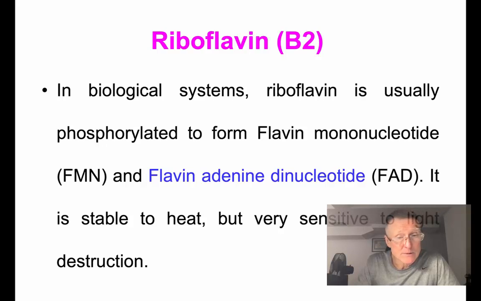It's stable to heat. So when you cook foods, you don't lose activity of riboflavin, but it's very sensitive to light. So as long as it's inside of the food, or it's prevented from exposure to light, it should be fine. And in most cases it is.